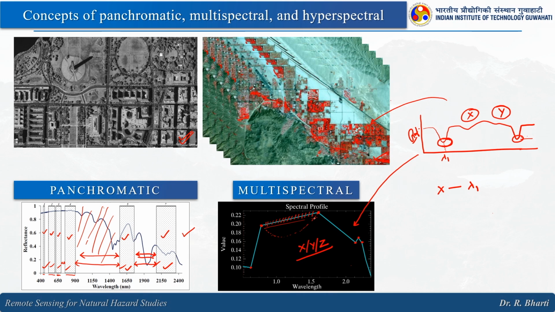But when we have a different type of measurement, where we have contiguous measurement, there is no gap between the first and the second image.